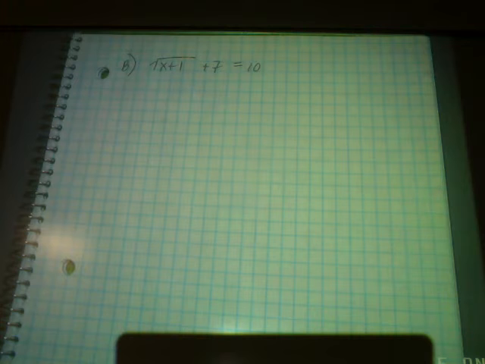So check with those around you. Also see what your check is. What equals what? Because everybody should have the same numbers for the check.